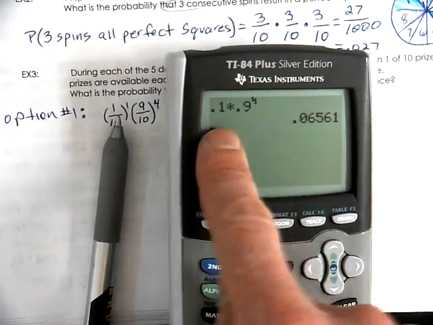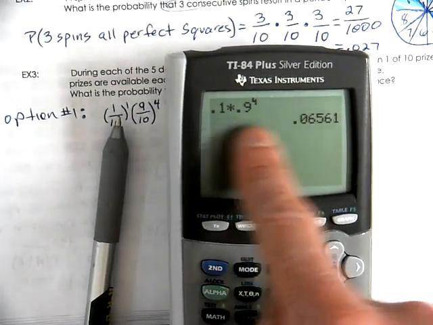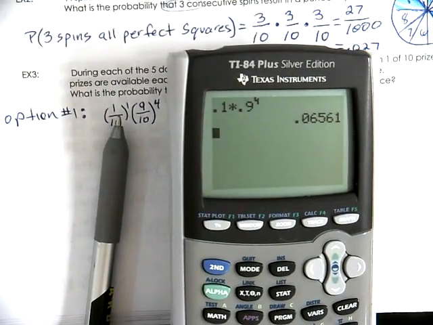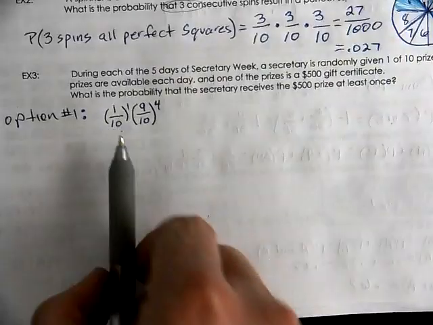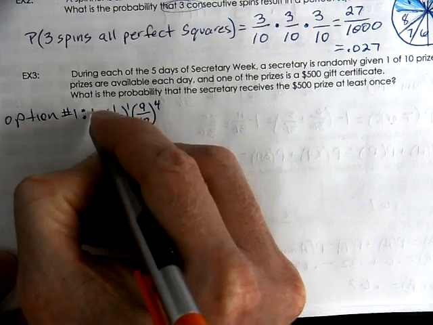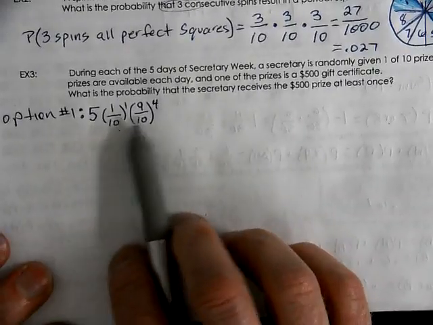But that's assuming that you only played once. That is the probability for any one day. But how many times are you going to play? You're going to play 5 times. So we have to multiply this by 5. So we already counted the 5, like the 1 and the 4. These are 5 different days.